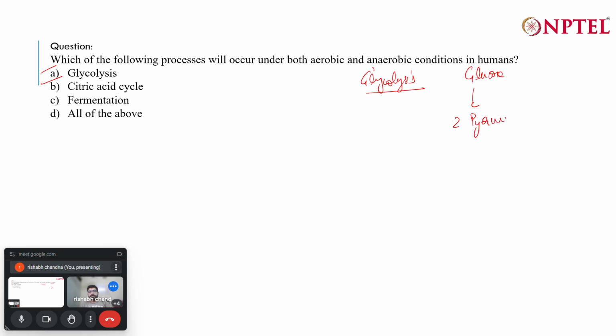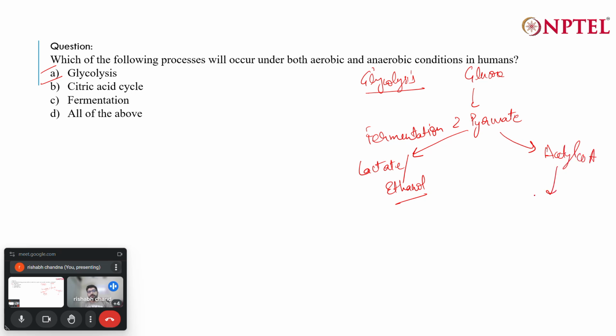Now, this pyruvate can actually go to either lactate formation or ethanol formation through fermentation, or it can go to acetyl coenzyme A and then further formation of carbon dioxide and water. This is through the TCA cycle.